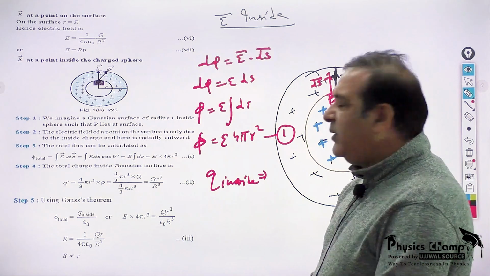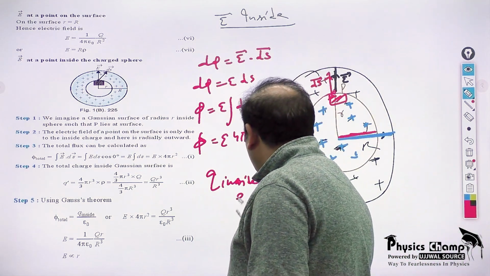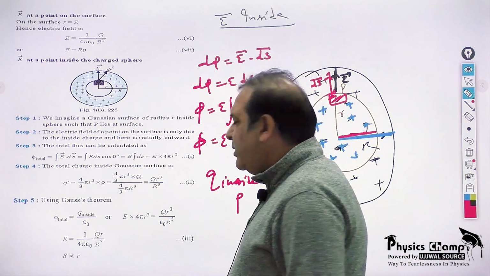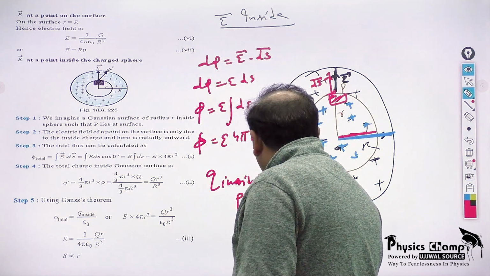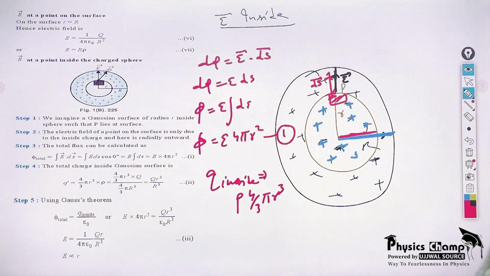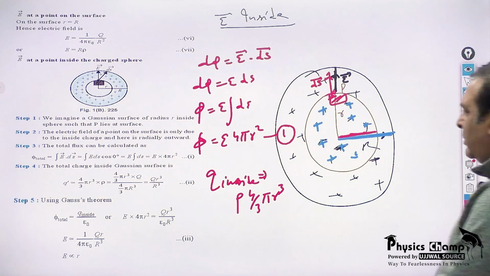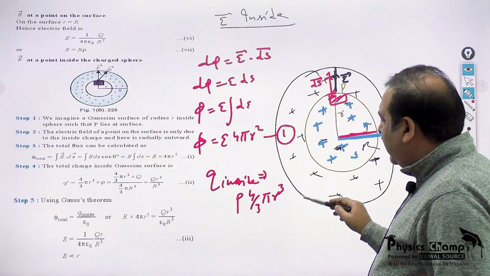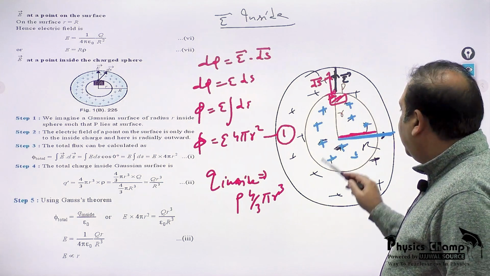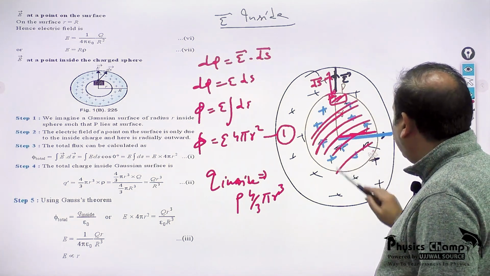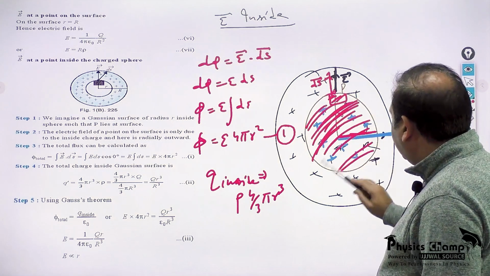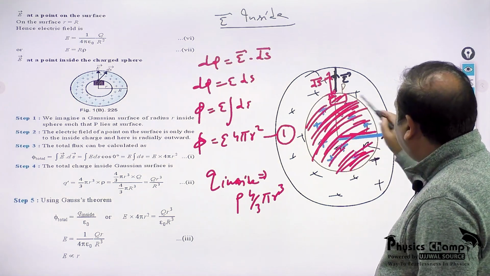So charge within, should I call it rho, volume charge density, into 4 by 3 pi small r cube. It is not rho into 4 by 3 pi capital R cube, it is rho into 4 by 3 pi small r cube. We are only interested in the charge inside this. This outside doesn't matter.